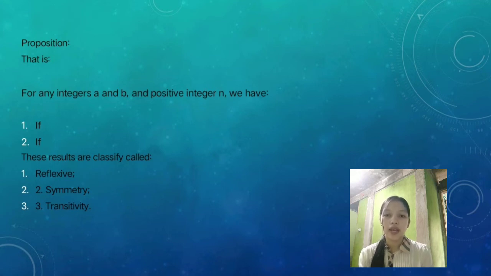And last, if a is congruent to b modulo n and b is congruent to c modulo n, then a is congruent to c modulo n, which is called transitivity.